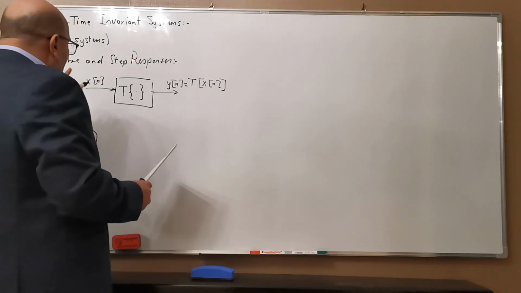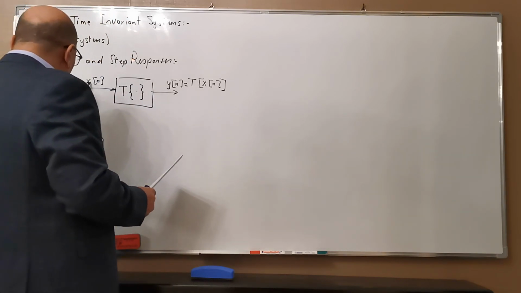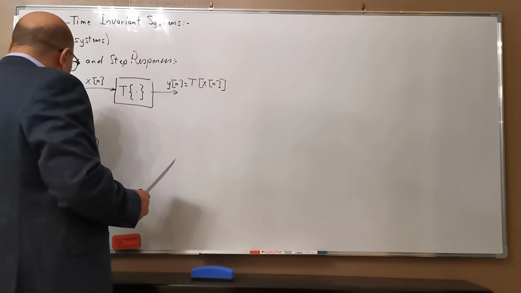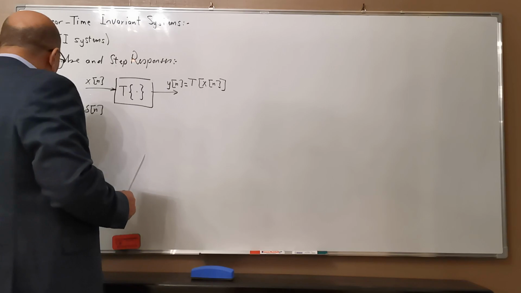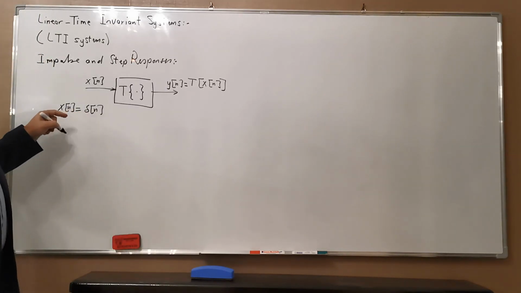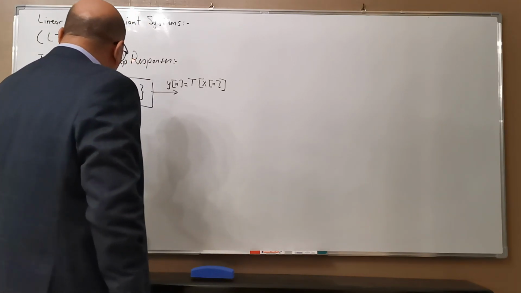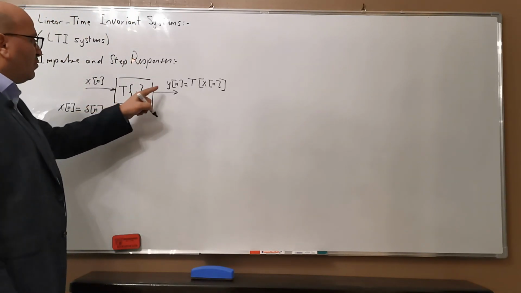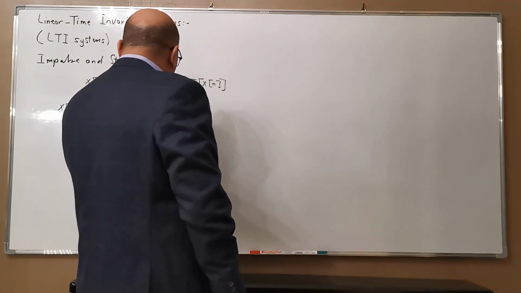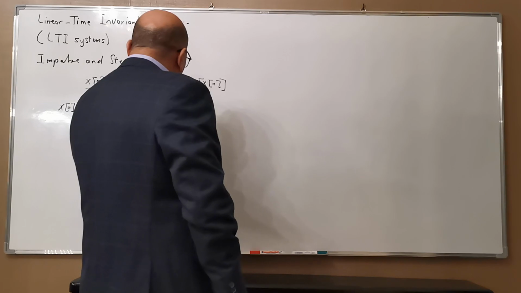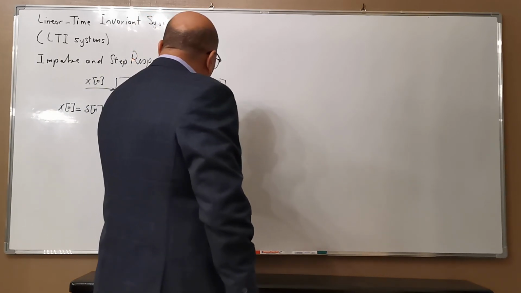Now, for exactly the same system, if you apply delta of n instead of x of n, so your x of n is equal to delta of n, then your y of n has a special name. We call it the impulse response, and we denote it by h of n, which is equal to the transformation of delta of n.